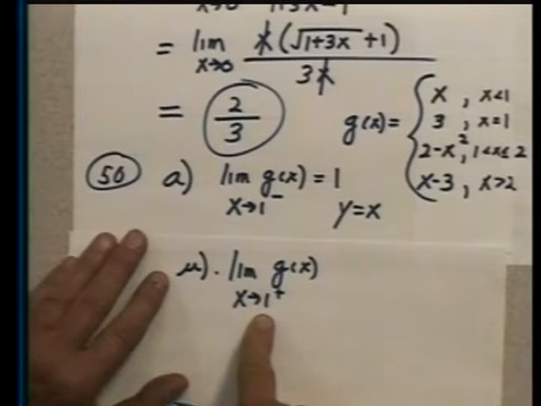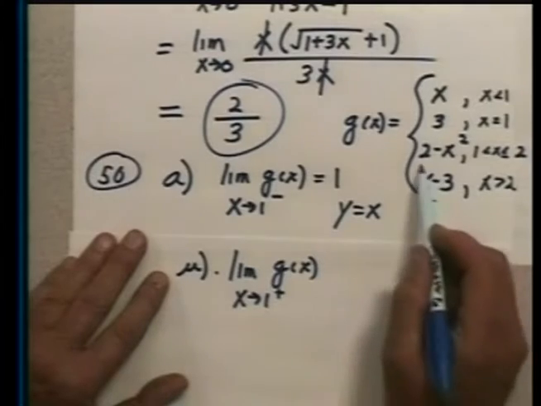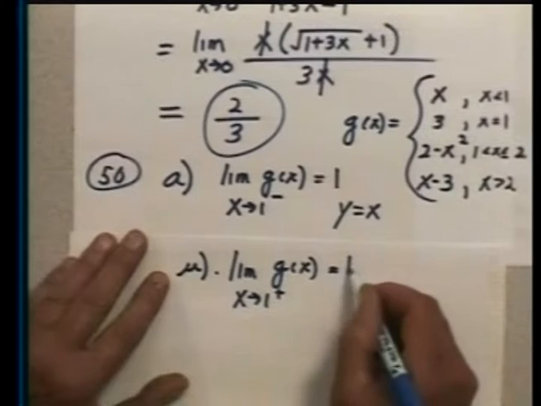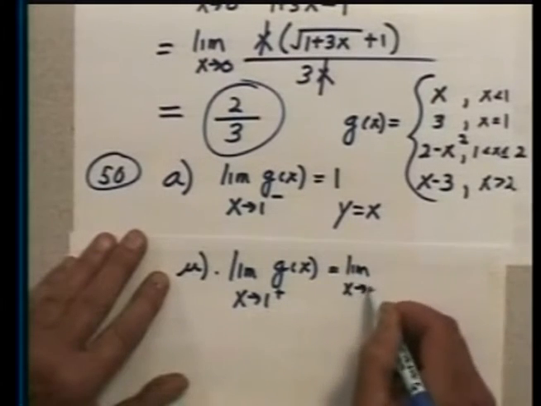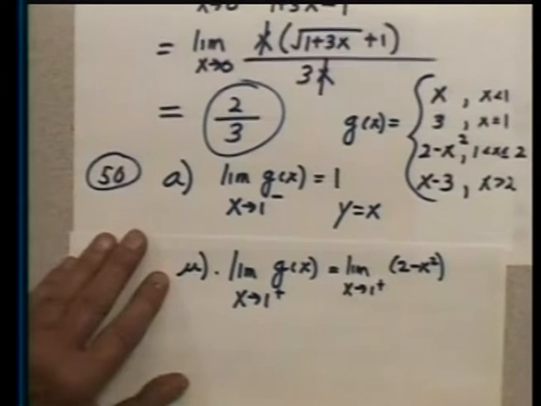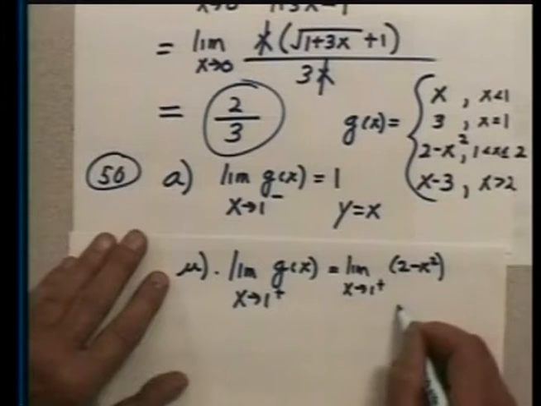So when you're approaching 1 from the right, you're greater than 1, so you're on this function right here. So this is really doing the limit as x approaches 1 from the right of 2 minus x squared. That's the function you're following when you're to the right of 1, bigger than 1. Well, what is that?